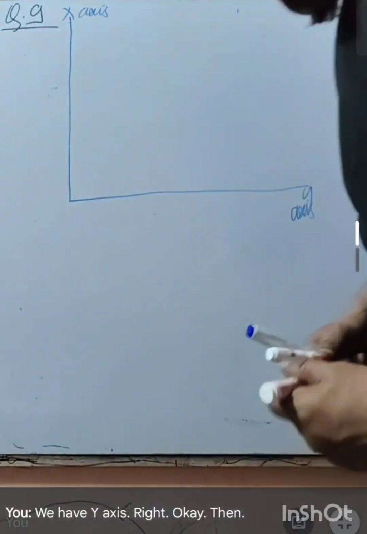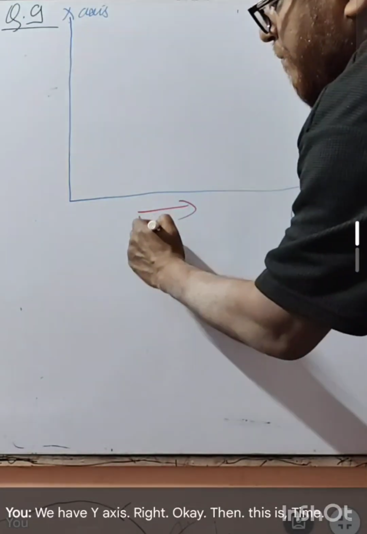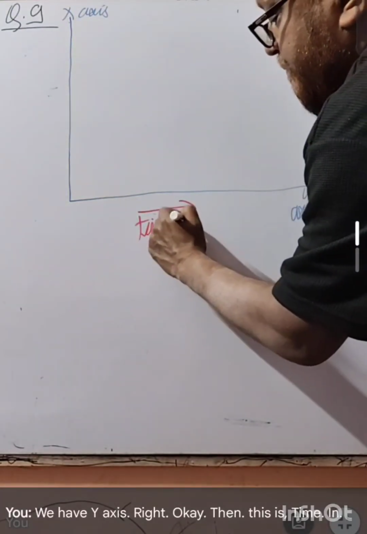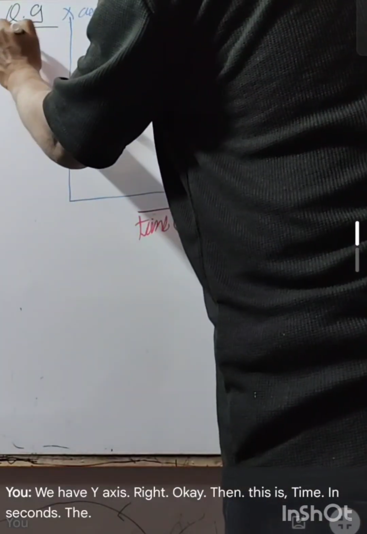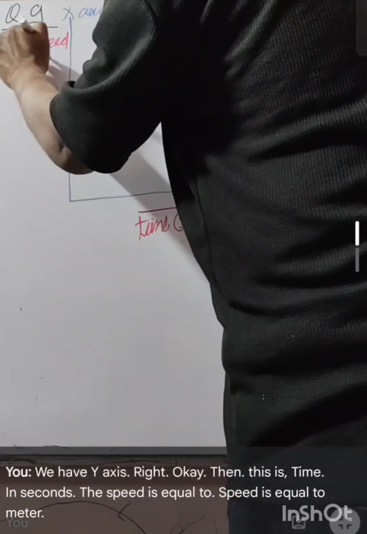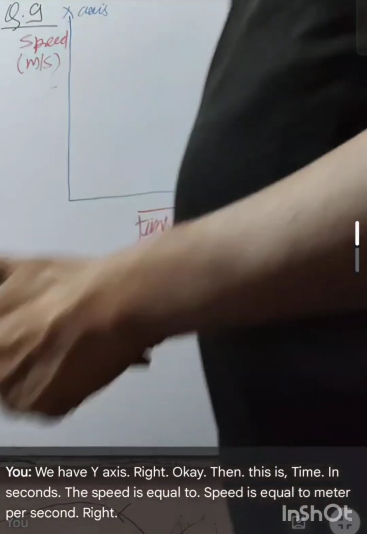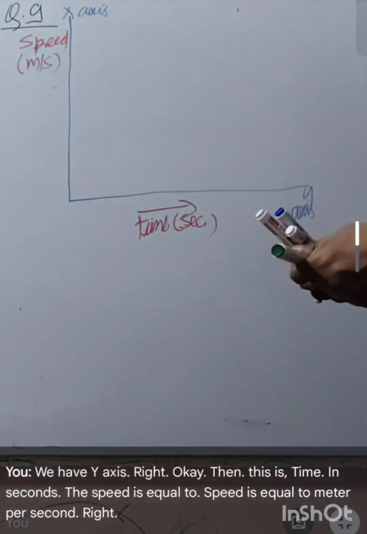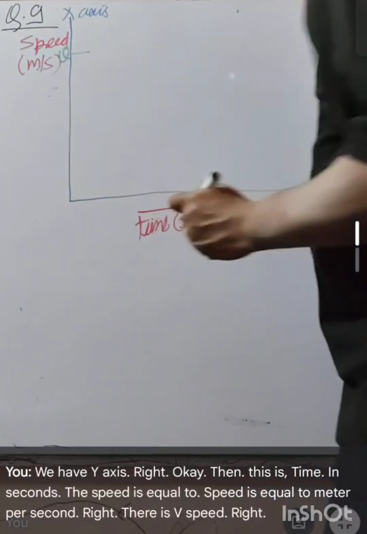Then this is time in seconds and speed is equal to meter per second, right? There is v speed, right?